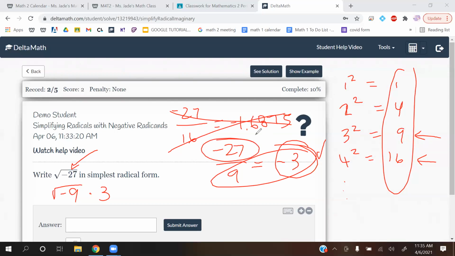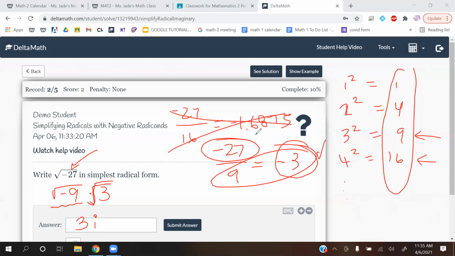I'll just write really low. Okay, so the square root of negative 9, well, it's a negative number, so I'm going to get an i out of it. And then the square root of 9 is just 3. So the square root of negative 9 is 3i. And so that's where the 3i comes from, because the square root of 9 is 3, and the square root of a negative gives you i.